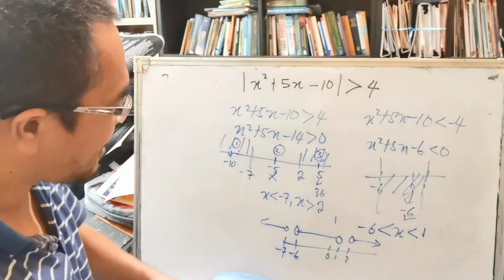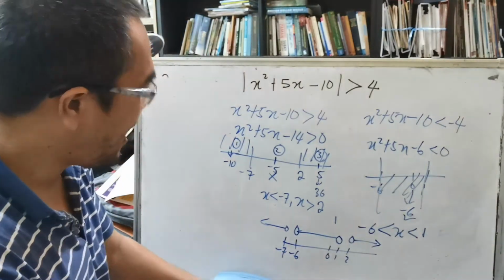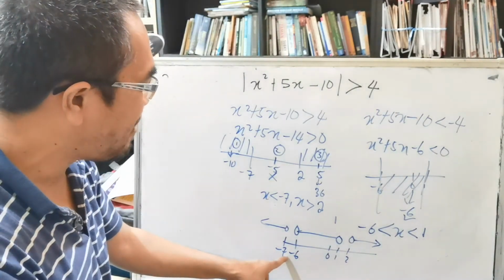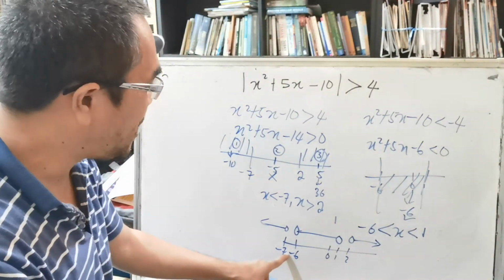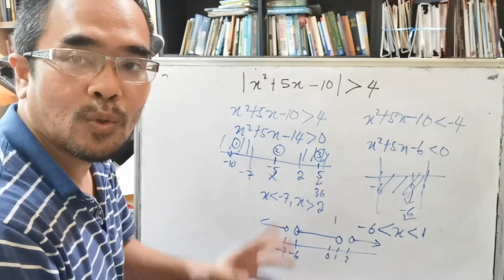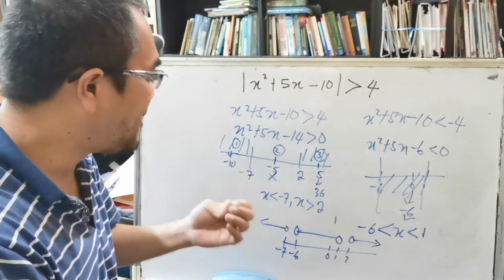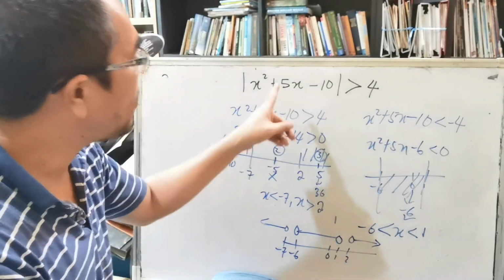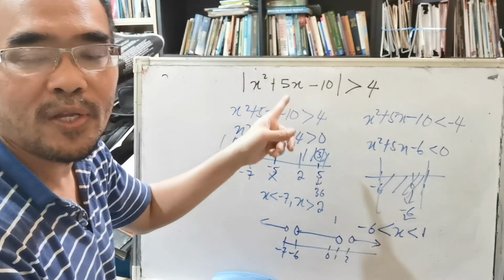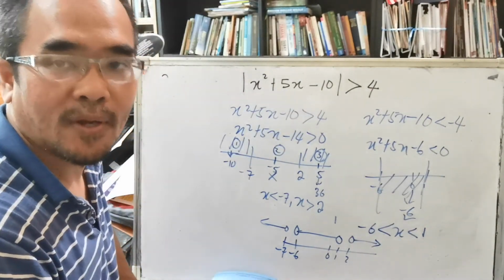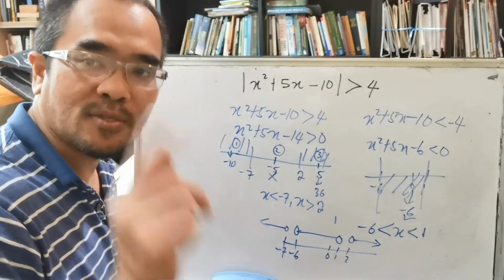So in this case, the exceptions are values between −7 and −6, and values between 1 and 2. For example 1.1: if you replace 1.1, it will not fulfill the requirement of this inequality. Hope you understand, and see you next time.